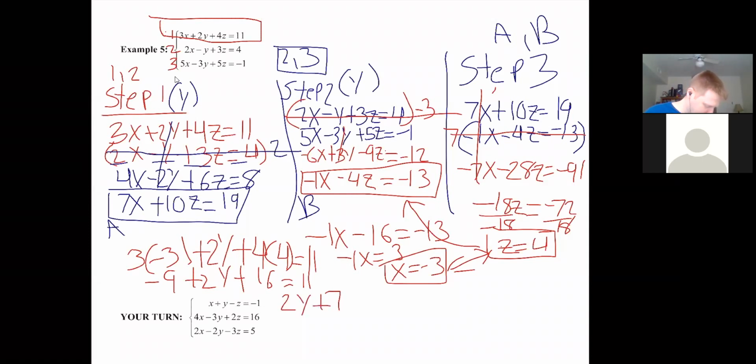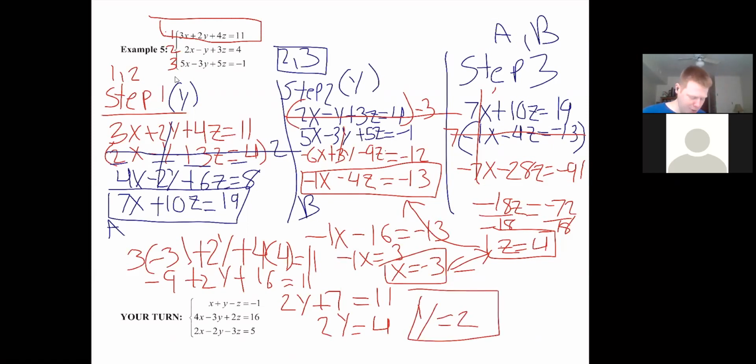If I combine the 16 and that -9, that would be 7. If I subtract, I would get 4. If I divide, I would get 2. If you work that out, or if you picked a different equation, you should still get this answer. So our final answer would be our x, -3, comma our y, 2, and comma our z, 4.